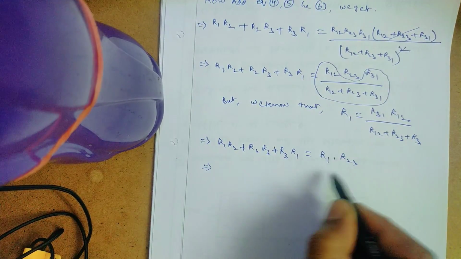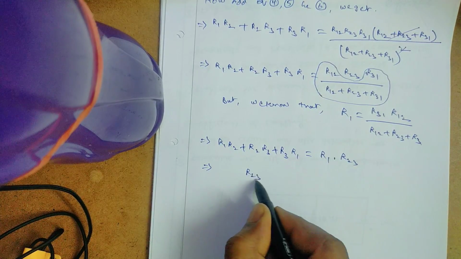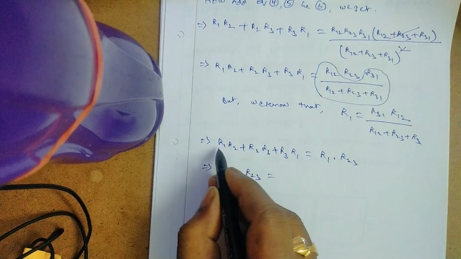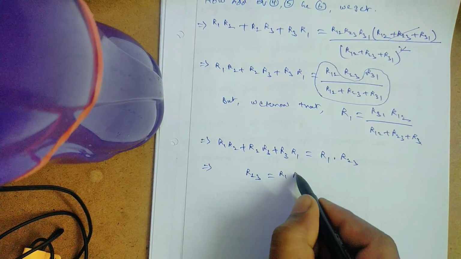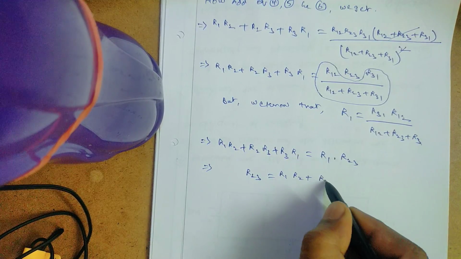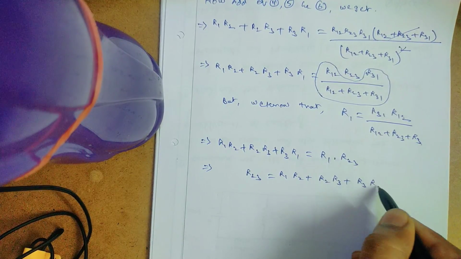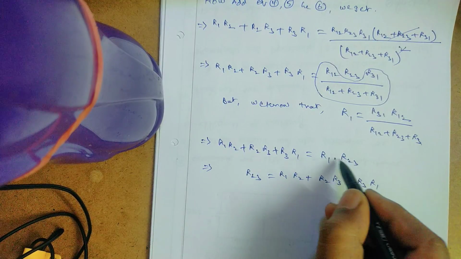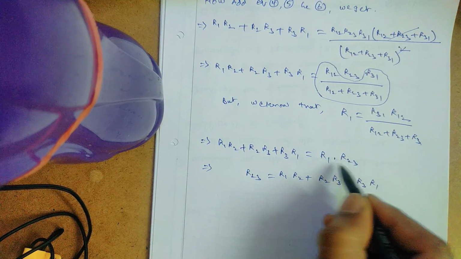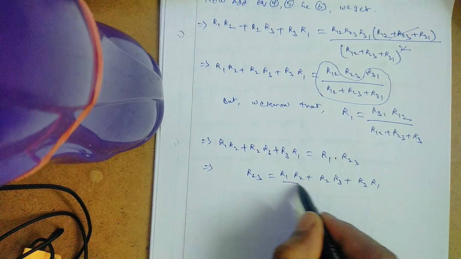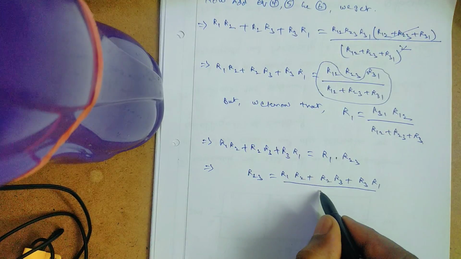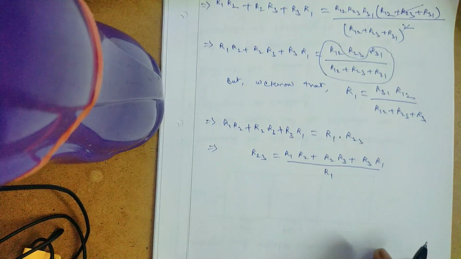Now from this, R23 is equal to R1 R2 plus R2 R3 plus R3 R1, divided by R1.